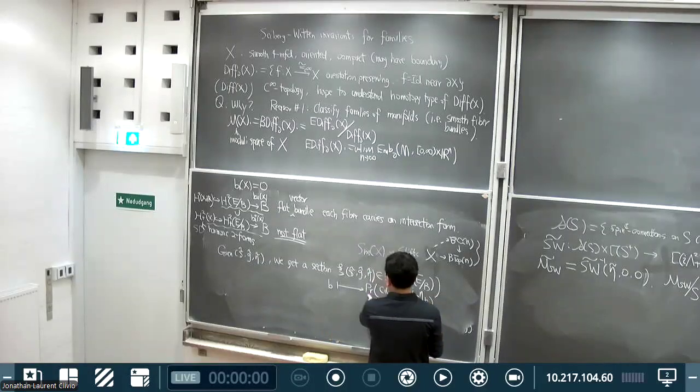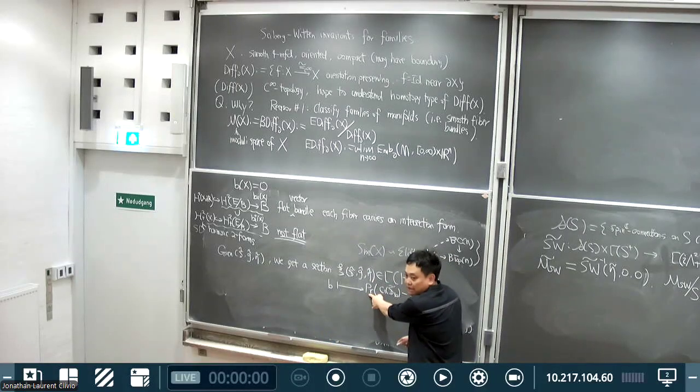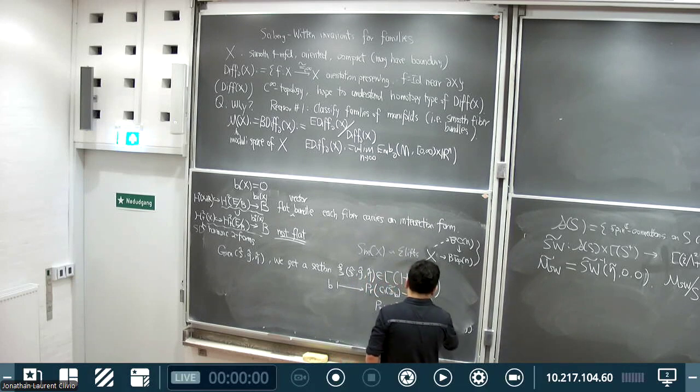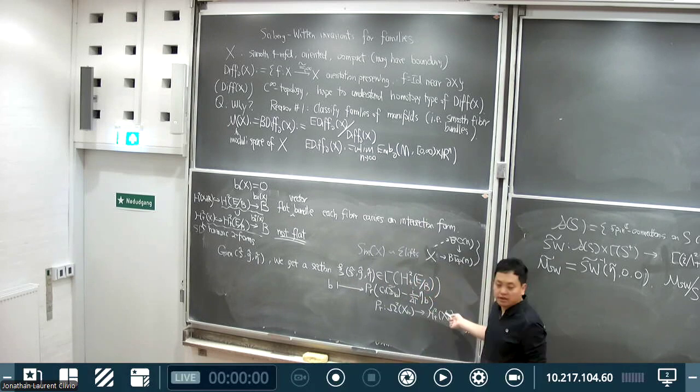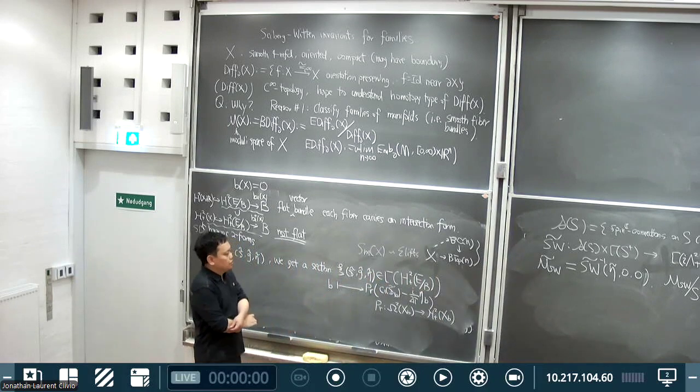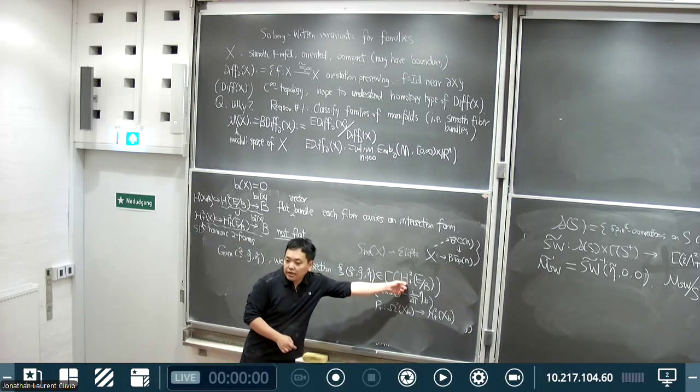This projection is the orthogonal projection to the space of harmonic forms. So this provides us with a section of this vector bundle.